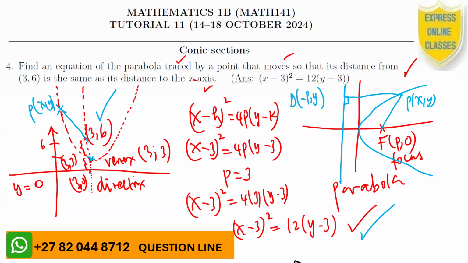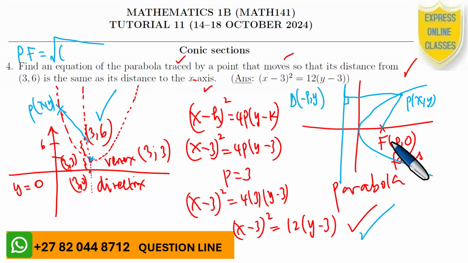Okay, in line with this, just before we stop, generally we call this point P and then we call this one F, and D is this one. And then we say PF, the distance between P and F. What is the distance by the distance formula between P and F?